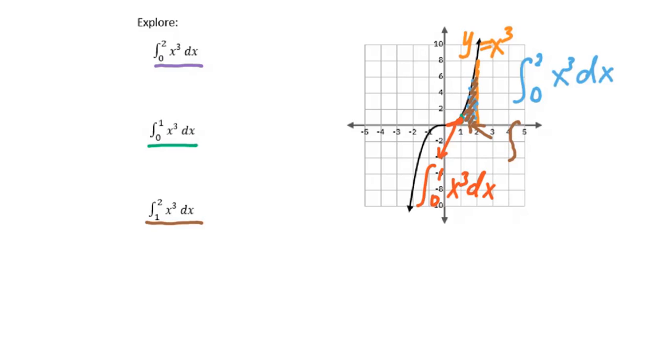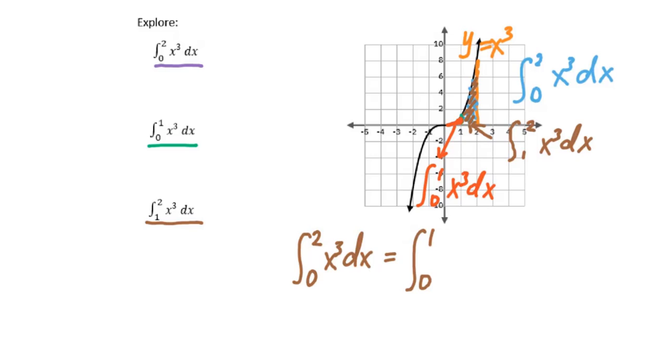This is the definite integral from 1 to 2 x third power dx. According to this diagram, we could say the definite integral from 0 to 2 x third power dx equals the definite integral from 0 to 1 x third power dx plus the integral from 1 to 2 x third power dx.